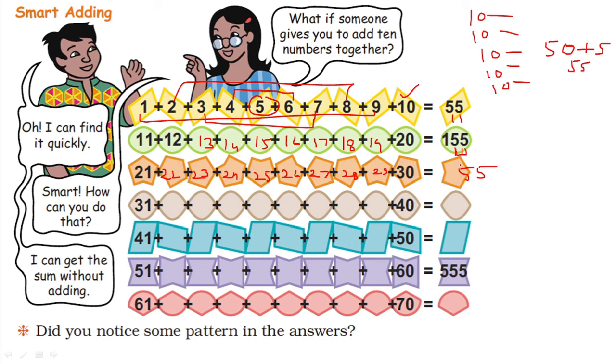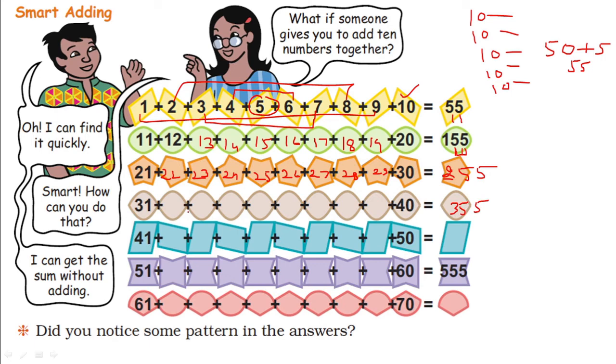And what will be the third digit? Here 1, because this is 11. So here it will be 2. Here no digit before 55. Before 1 is 1, so 155. Before 1 is 2, so 255. Before 1 is 3, so 355.